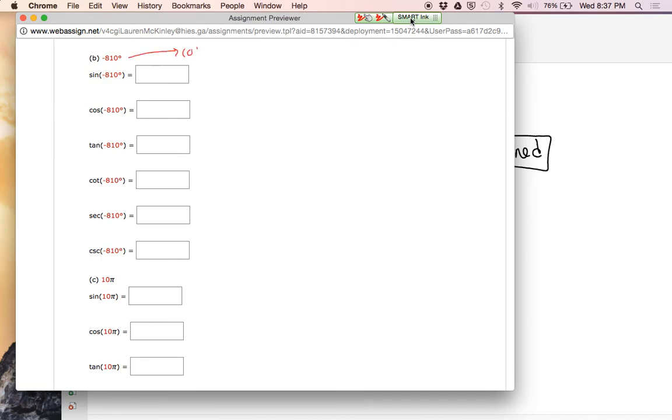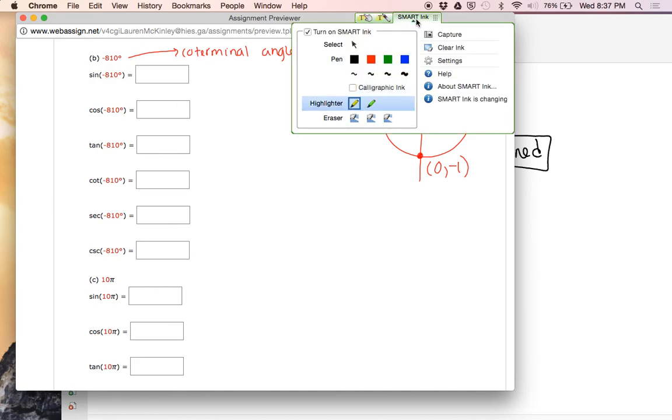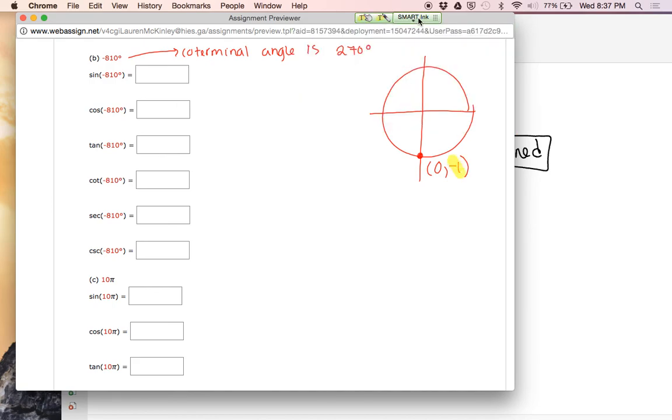Coterminal with this is 270 degrees. On the unit circle, 270 degrees is down here at the bottom. My point is 0, -1.